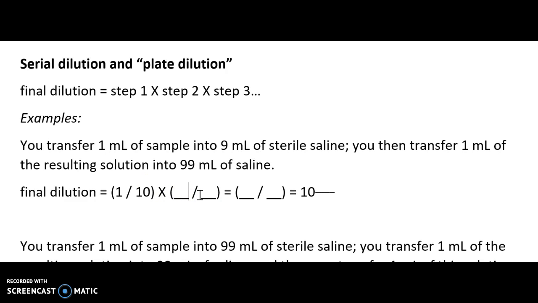And then we have 1 of that divided by 1 plus 99, which is 100 for the second step. And the product of those two is 1 divided by 1,000, now, 10 times 100. And if you remember your scientific notation, 1 over 1,000 is 0.001, or 10 to the negative 3.